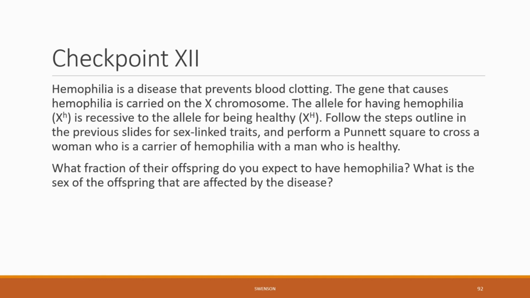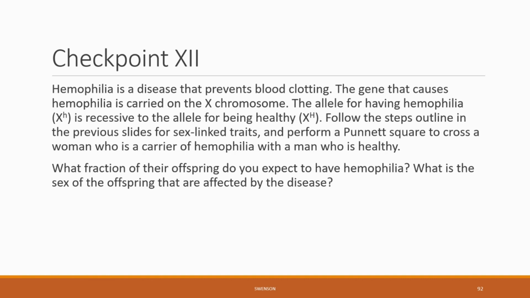The allele for having hemophilia is X lowercase h, and it's recessive to the allele for being healthy, X capital H. Follow the steps outlined in the previous slides for sex-linked traits and perform a Punnett square to cross a woman who is a carrier of hemophilia, which means that she only has one copy, not two copies, with a man who is healthy.